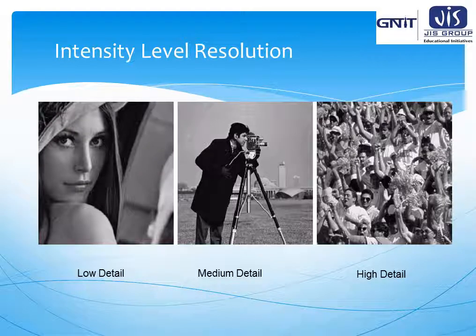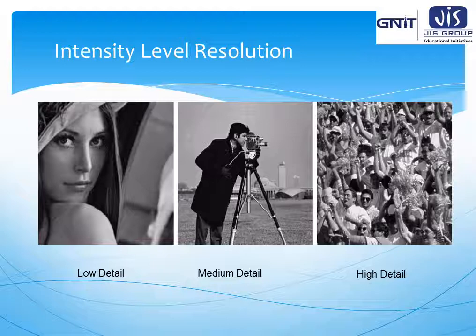So here are some intensity level resolution examples. Suppose we take close-up images, then not so much detail is required. So the extreme left side image may be of low detail.